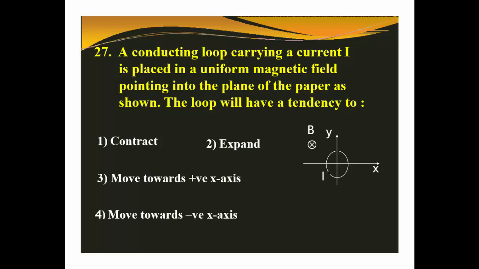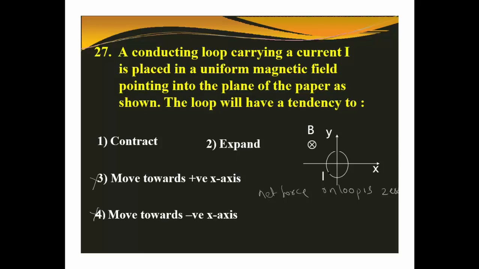Which one is correct? If you take a loop kept in a magnetic field, the net force on the loop is 0. If the net force on the loop is 0, it will not move towards positive or negative, so options 3 and 4 are wrong.